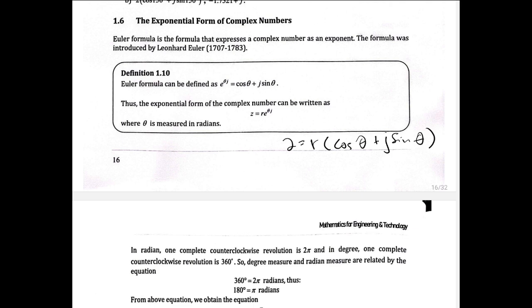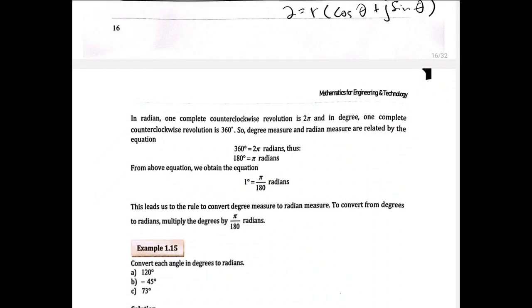Before we use this form, let's recall how to convert between degrees and radians. First, based on these findings, you can have a look at it. One complete cycle in radians is 2 pi, and in degrees it is 360.